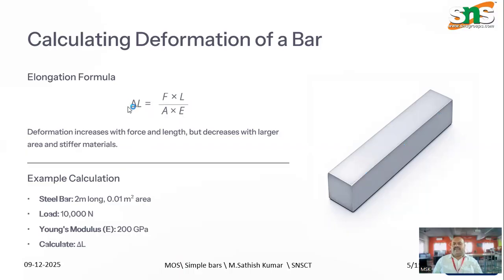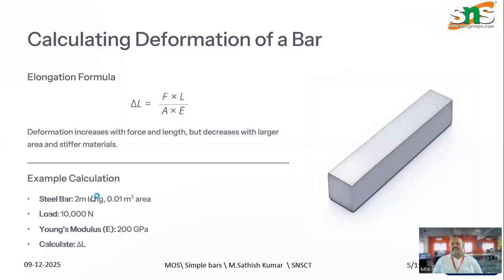Delta L is formulated like this: force times L divided by area times Young's modulus. So deformation increases with force and with length, both directly proportional, but decreases with larger area. Whenever the area is larger, the deformation is smaller. And if the stiffness of the material is more, then the deformation is less.